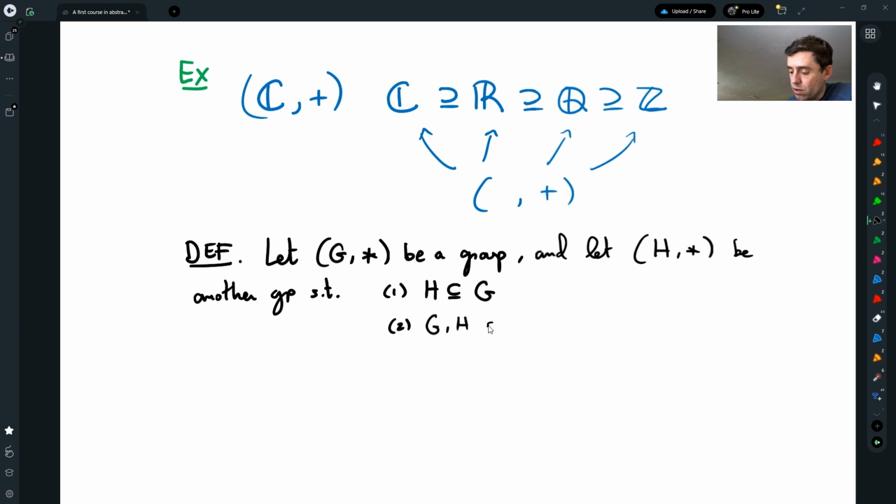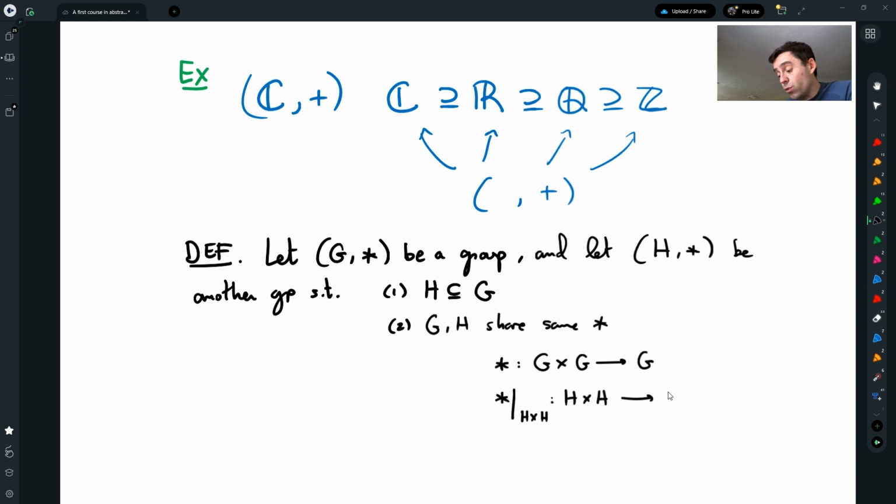G and H share the same star, and what that actually means, remember that in principle, we have a star that goes from G cross G to G, and then we can restrict to H cross H, and that would in principle land in G, but we want that landing in H. So that's what it means that they have the same binary operation.